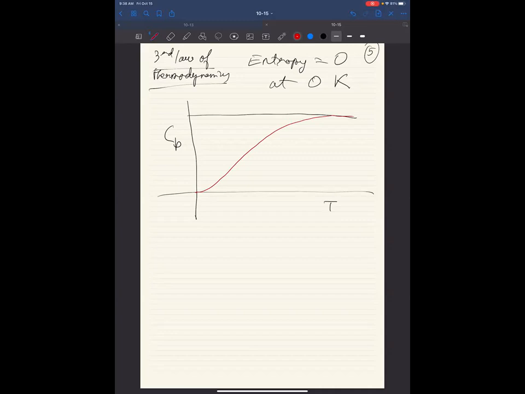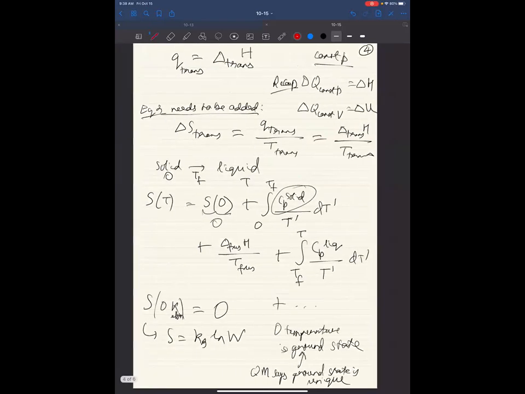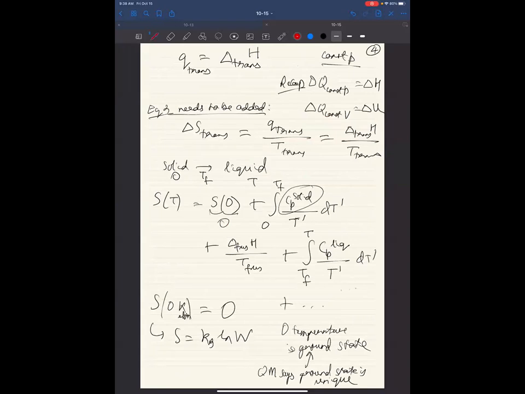When you have 0 divided by 0 in calculus, what is the name of the rule? L'Hospital's rule, right? So you use L'Hospital's rule in your equation. But you won't even have to do that. Both things just go to 0, because heat capacity goes to 0 as T goes to 0 in your equation number 4.